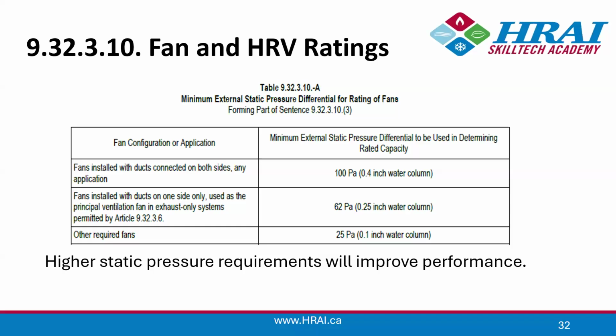So that's where you need to have your capacity ratings. These higher static pressures are going to improve our overall ventilation performance, so I'm happy to see those introduced. I think 0.2 was far too low for HRVs and gave the impression that the HRV might actually be able to do that with extended ducting, and we know that that's not the case.